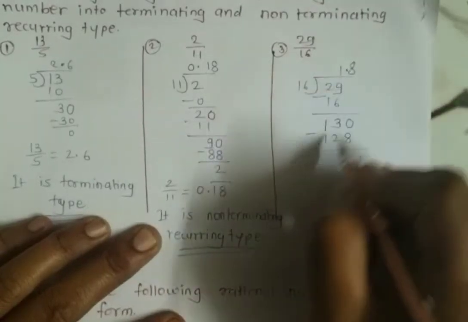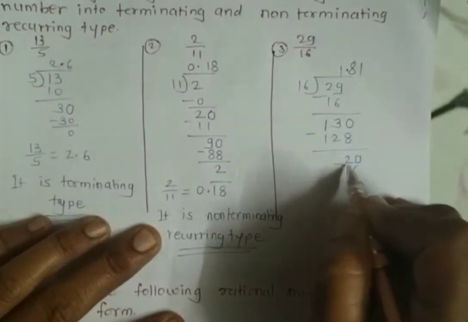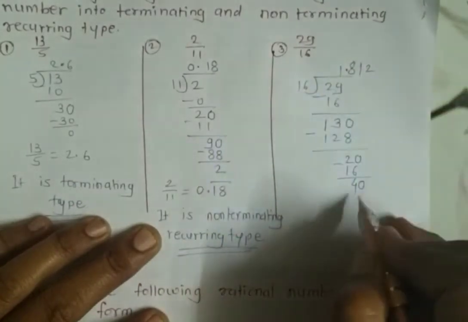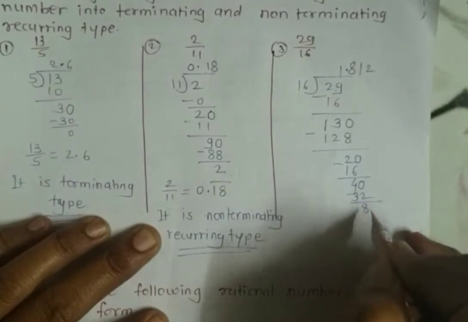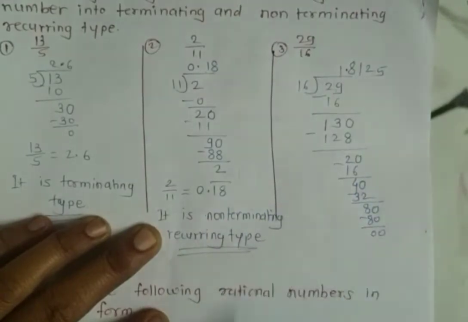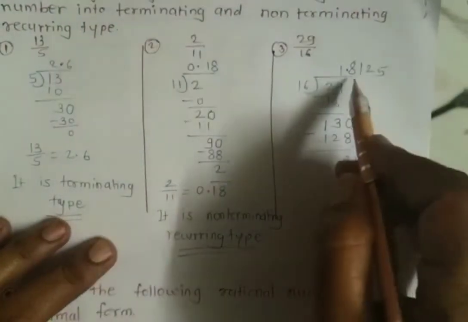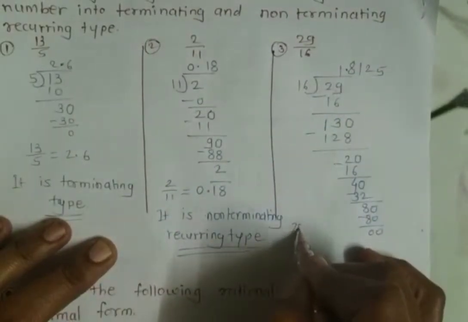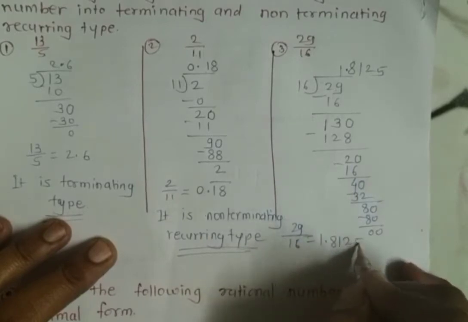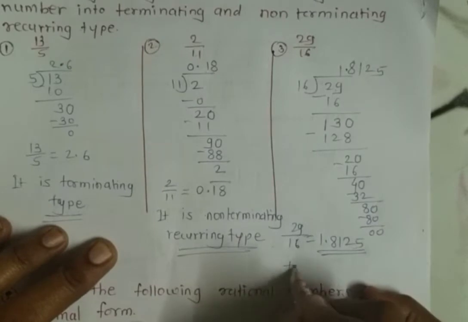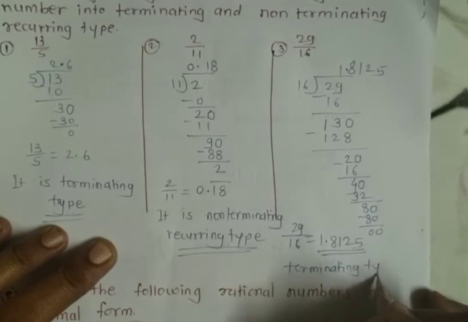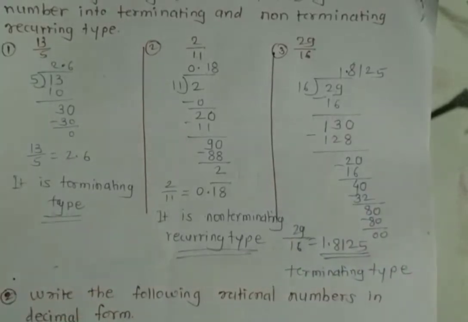Again take a 0. 16 ones are 16, 4 will be there. Take one more 0. 16 twos are 32, 8. Again a 0. 16 fives are 80. Here the remainder becomes 0. The decimal form of 29 upon 16 is 1.8125, that is terminating type of decimal form.